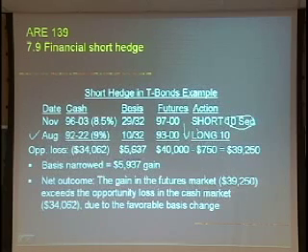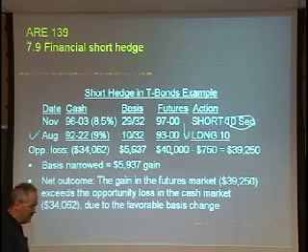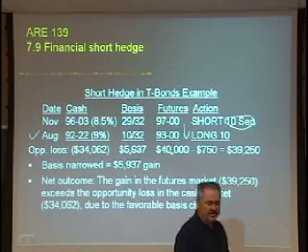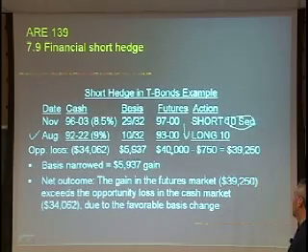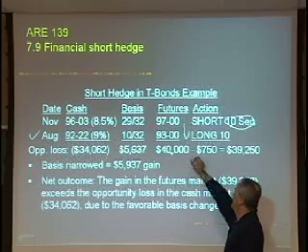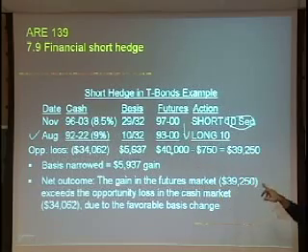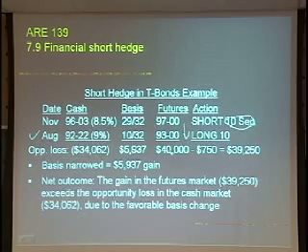You're short 10 contracts, the price falls by 400 basis points, and so that's an even $4,000 per contract times 10 is 40,000. You have a narrowing of the basis, which is good for a short hedge, right? So that works in favor of the basis.